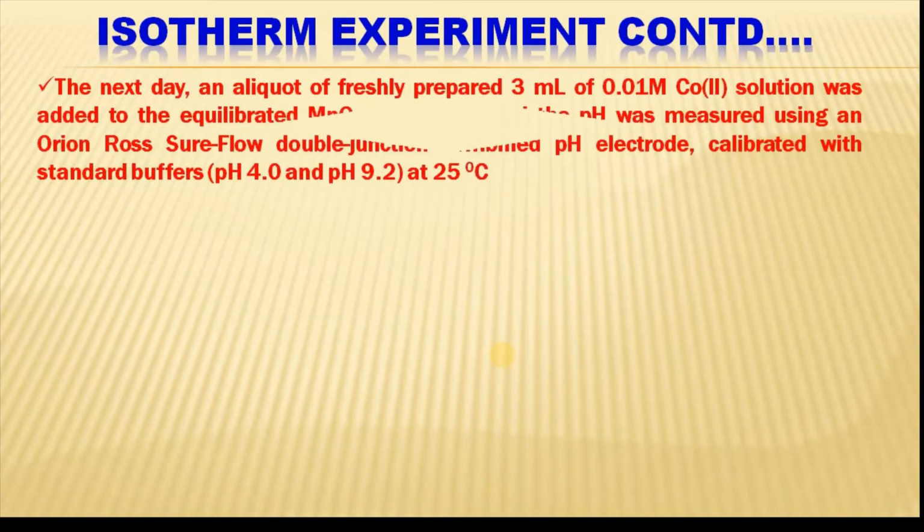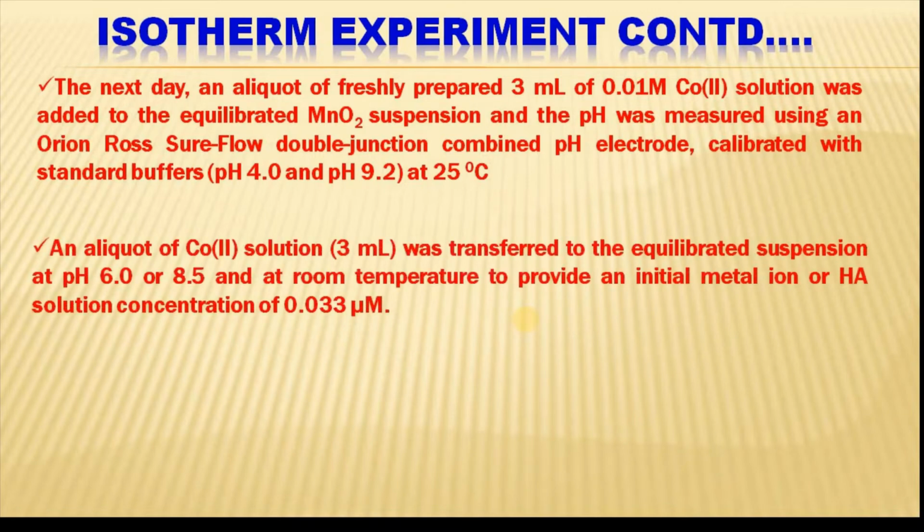Then next day, an aliquot of freshly prepared 3 milliliter of 0.01 molar cobalt solution was added to the equilibrated suspension and pH was adjusted, and then our isotherm was carried out at pH 6 or 8.5.